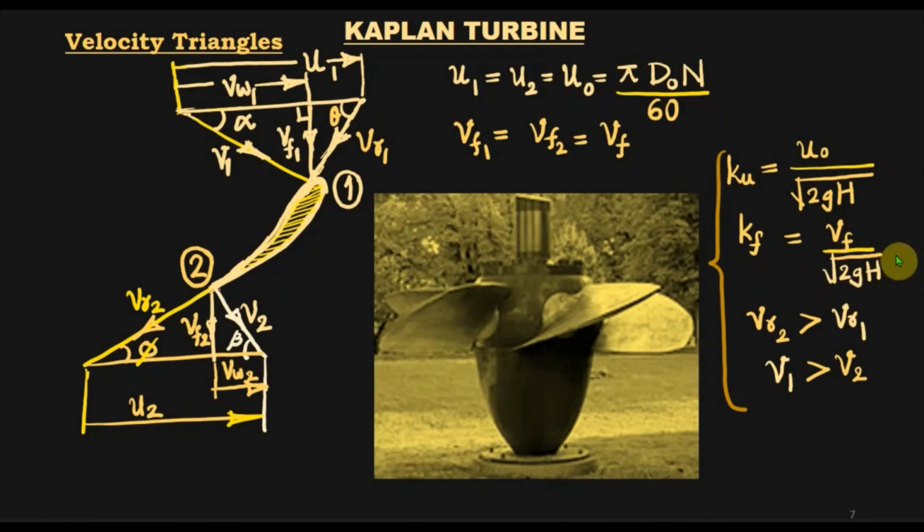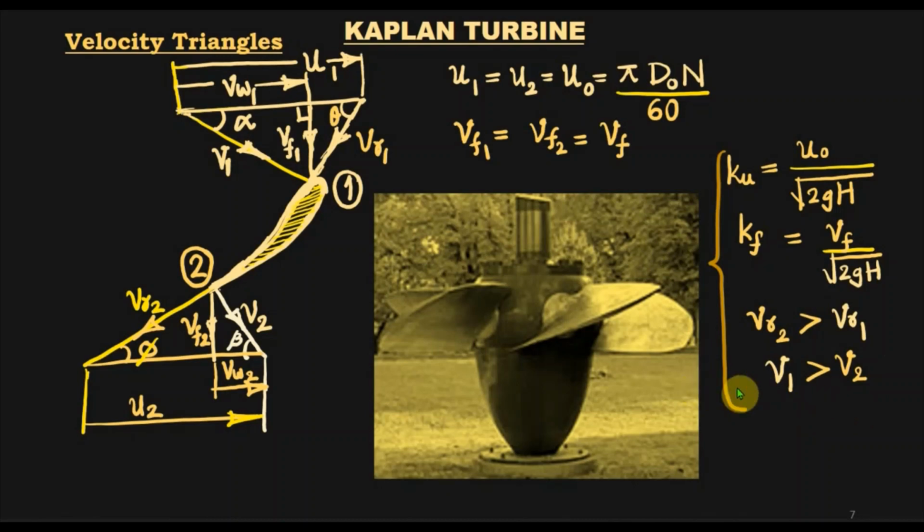Also, it is important to note that the relative velocity at outlet Vr2 for a reaction turbine will always be greater than the relative velocity at inlet Vr1. Vr2 will be greater than Vr1, always in a reaction turbine. But V1 will be greater than V2. That is, absolute velocity at inlet will be greater than absolute velocity at outlet.